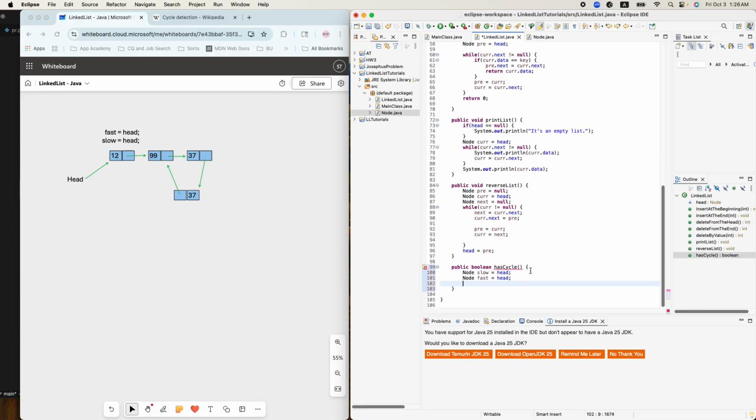Then we start traversing the list, while as far as the fast pointer is not null, or it is not pointing to null, we have to move forward. So we say as far as the fast is not null and fast.next is not null.